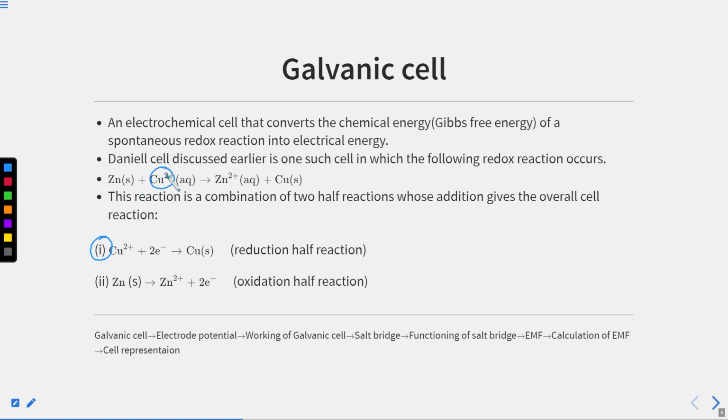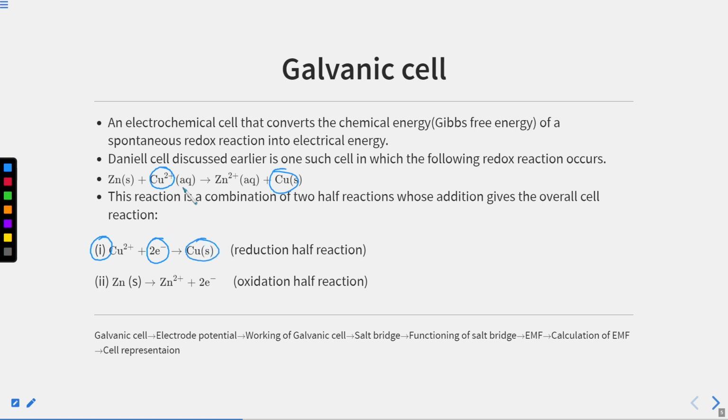Copper is present as 2 plus on the left-hand side, and as we move from left to right, it moves from Cu2+ salt to the metal. In this process, it gains 2 electrons to neutralize the positive 2 charge, and we get Cu(s). Cu(s) means solid.